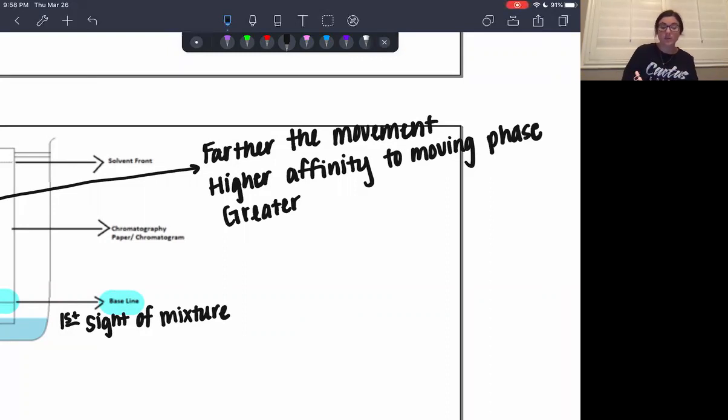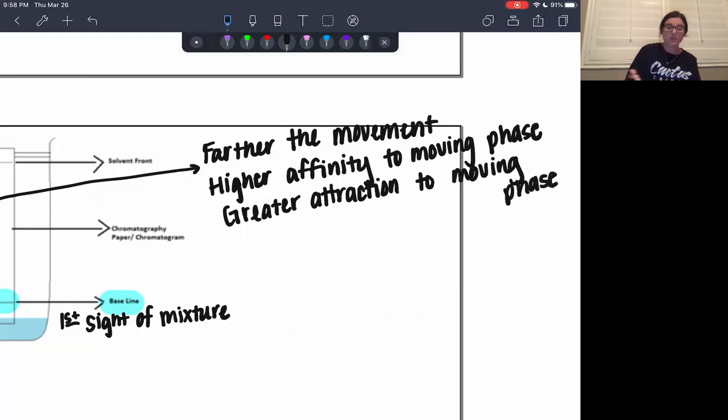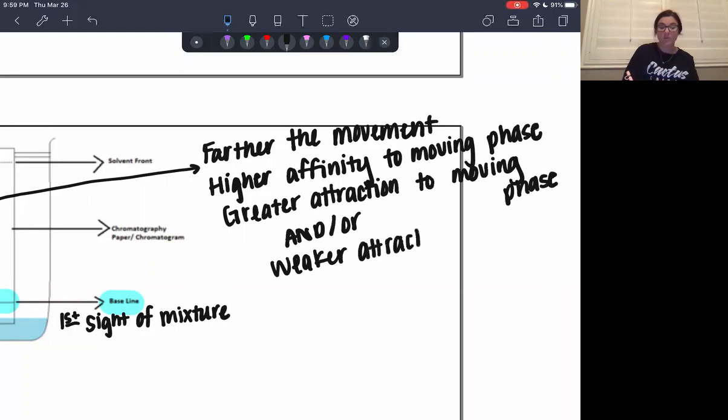So there's two ways we can think of this: greater attraction to the moving phase, or weaker attraction to the stationary phase. I'm going to say and/or, because both of these things could be happening.